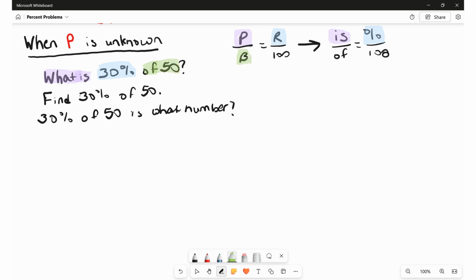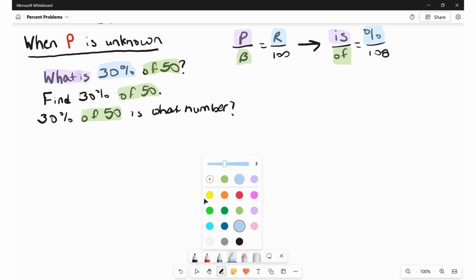So that goes in the base spot. And regardless of where these things are, I can go through and highlight all of this. There's our percent in that one.